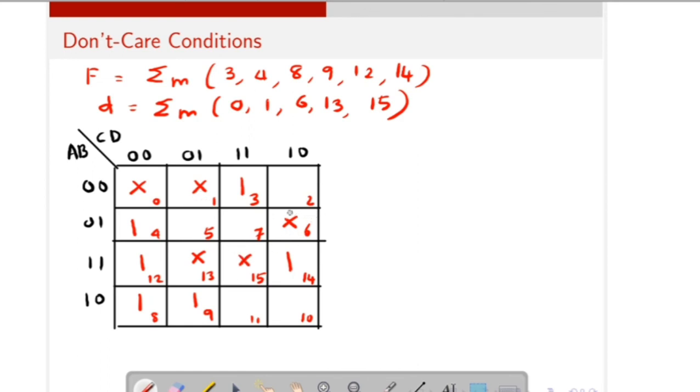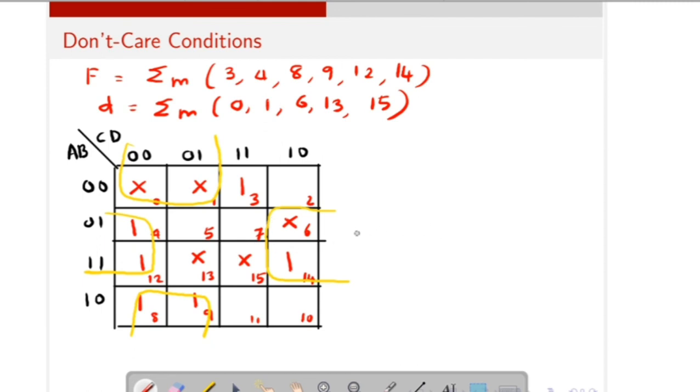Next we can perform grouping. So first group is these two and these two form a quad. Then second group is these two and these two form again a quad.